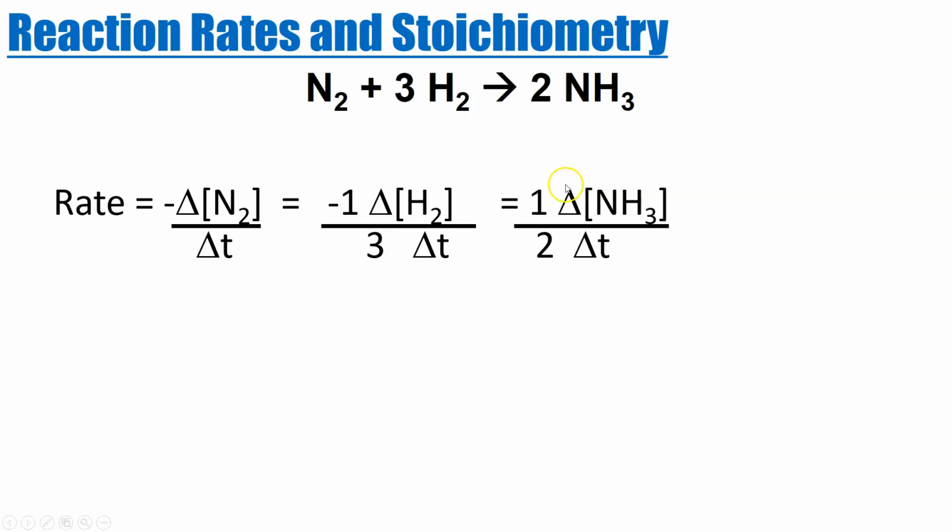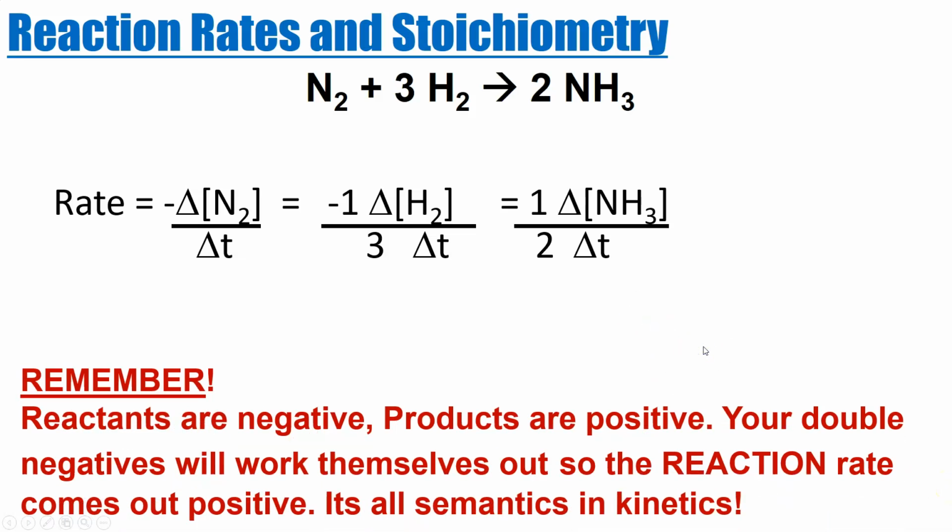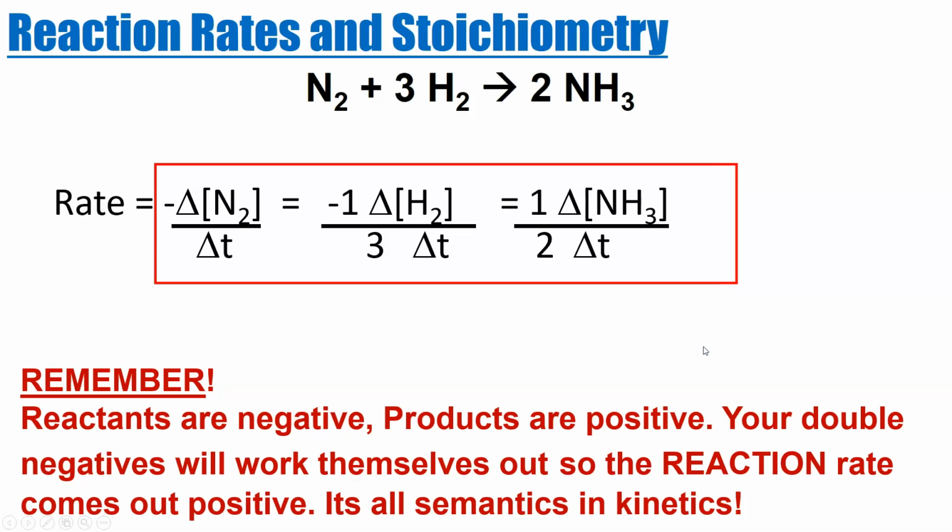Change in concentration over change in time, divided by the coefficient so that I can set it equal to this one over here. I'm shrinking everything down, okay? This whole thing is what we call our rate expression.